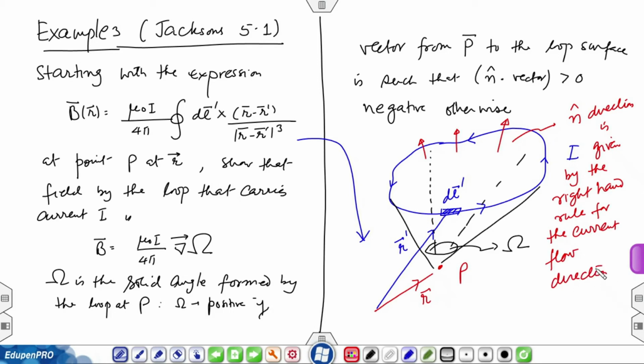So, you can see in this case n is pointing out of the surface. In case the current was the other way, I am showing this with this green color, then the right hand rule would have given me n going in, n towards P, right. So, that is how the sign is decided. So, let us now solve this problem.